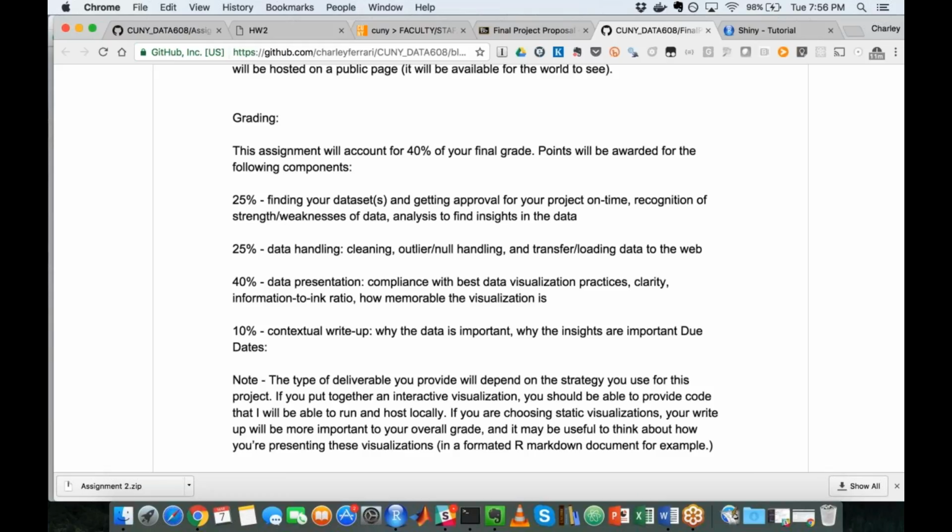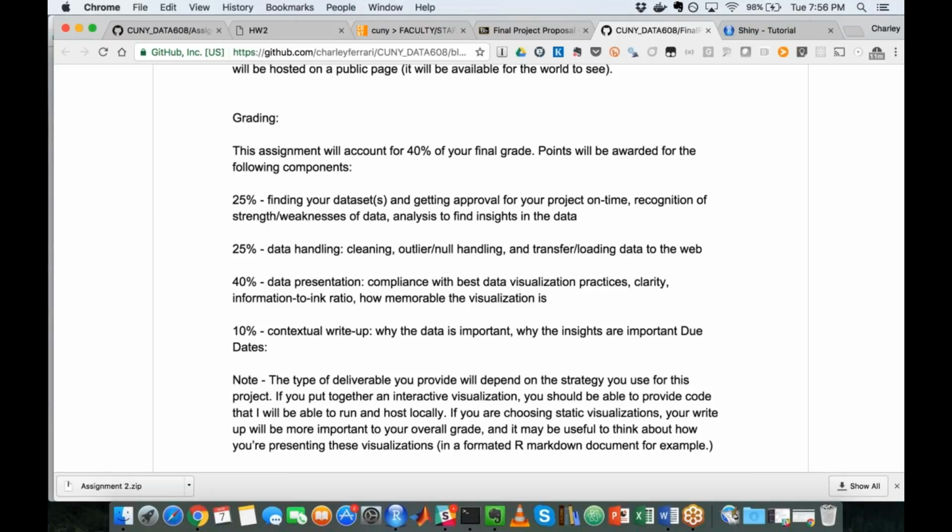Obviously there's that side of things, and then there's also conceptually, if you're looking at static visualizations, your write-up is more important. If it's an interactive visualization, you could think of it as building an explorer, where you have a data set and you want a user to be able to explore it through the visualization.